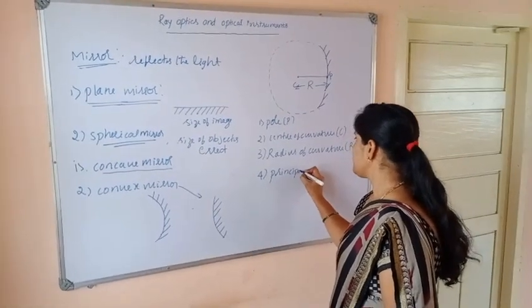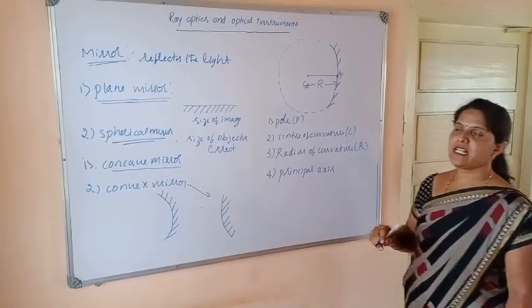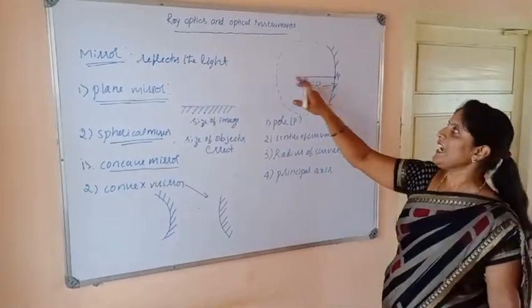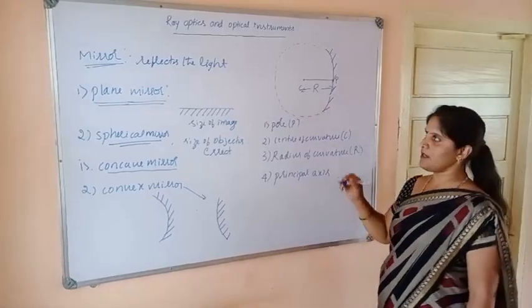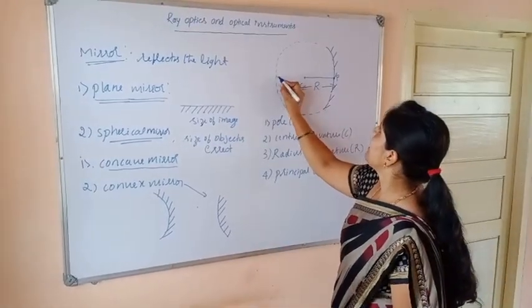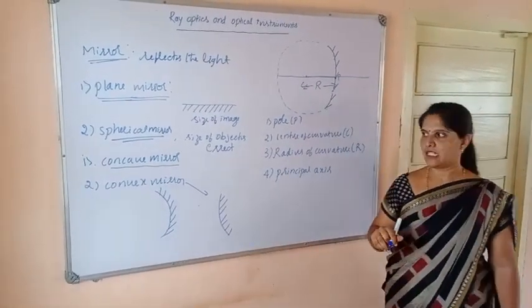The principal axis is the straight line joining the center of curvature and pole.